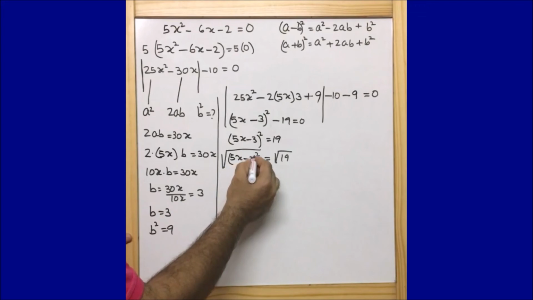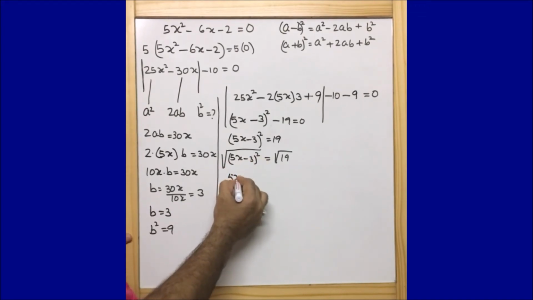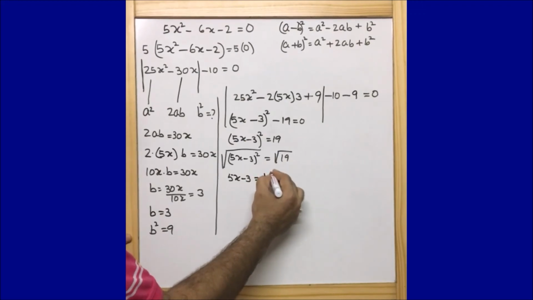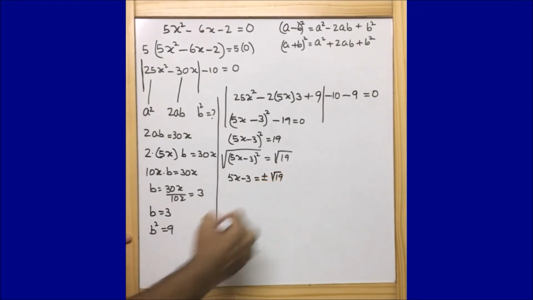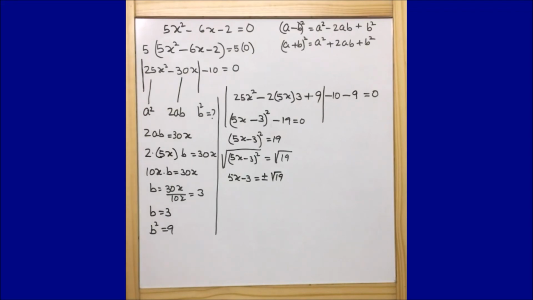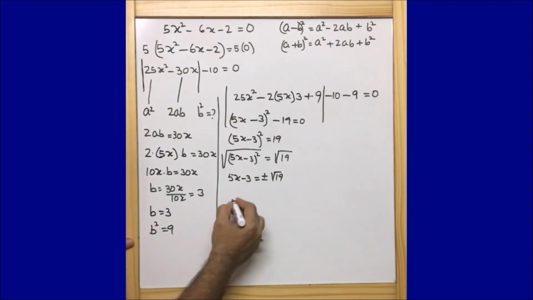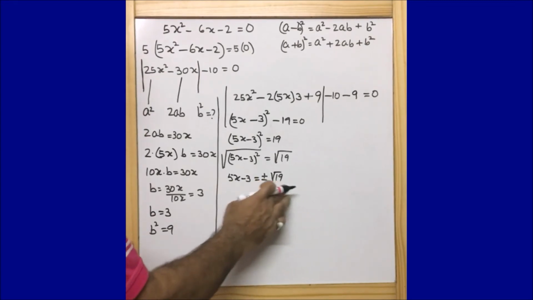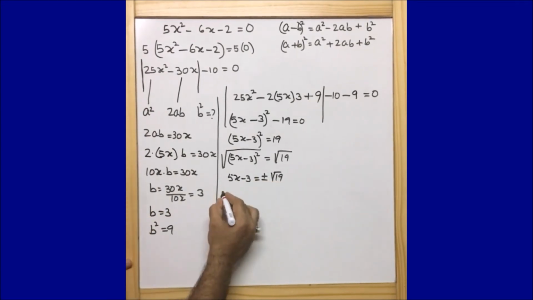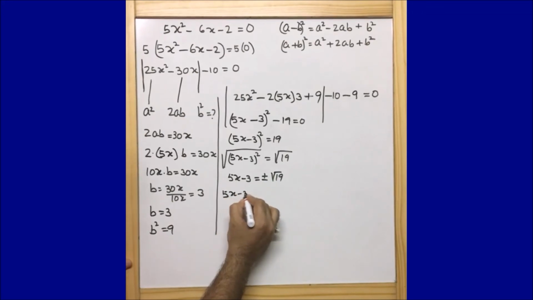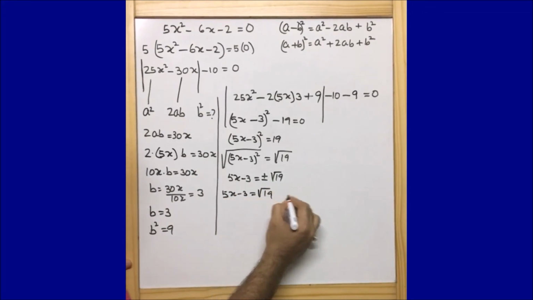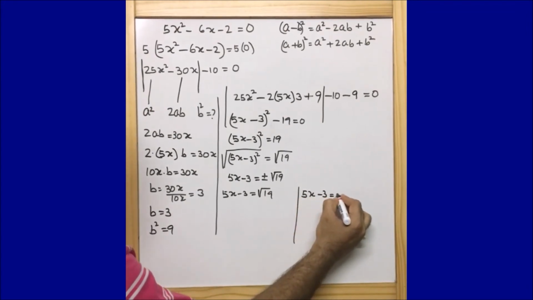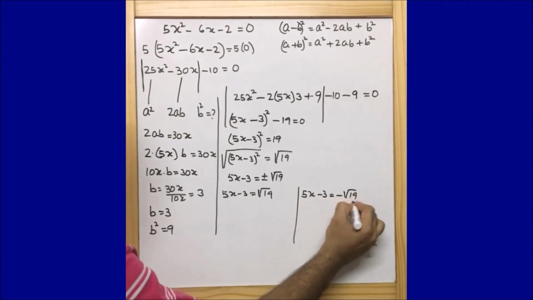Now the square root of 5x minus 3 whole square is nothing but 5x minus 3, that is equal to the square root of 19, which is plus or minus root 19. This is what we got. From here you could see that we can get two equations. One is 5x minus 3 is equal to root 19, and the other one is 5x minus 3 is equal to minus root 19.